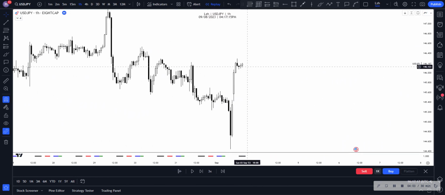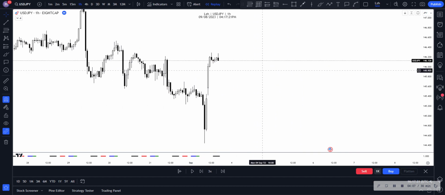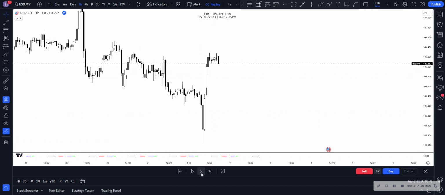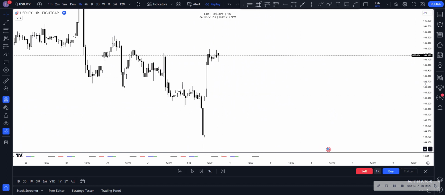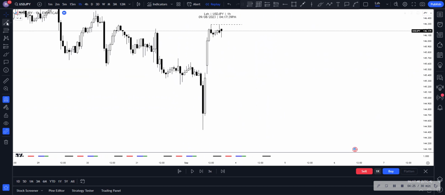Okay, all right. So this will be the Friday high. This is still Thursday, and this will be the Friday low.